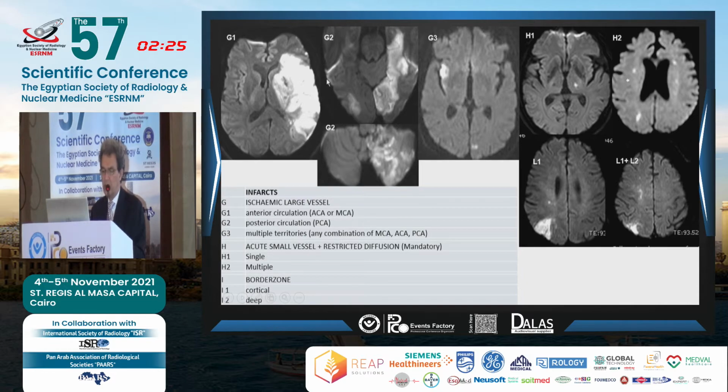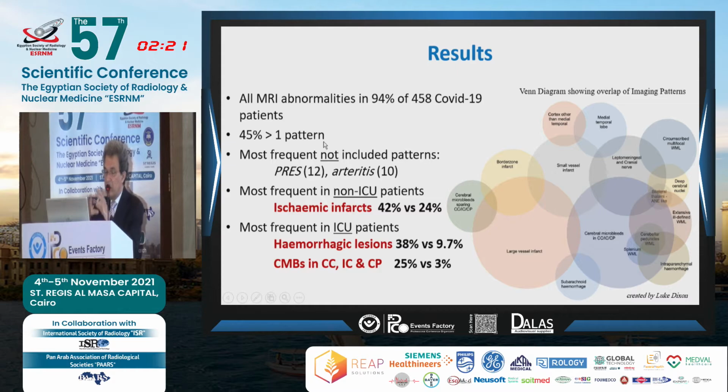Was it anterior, posterior, which circulation, small, multiple, border zone or not? And from this data, we found that of these 458 patients, 94% fitted those patterns, and 45% had more than one pattern. So it's not only one of these that you see, but more.